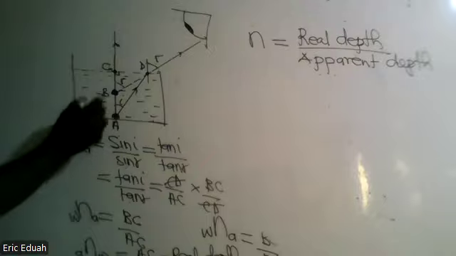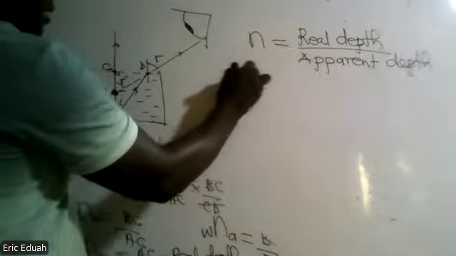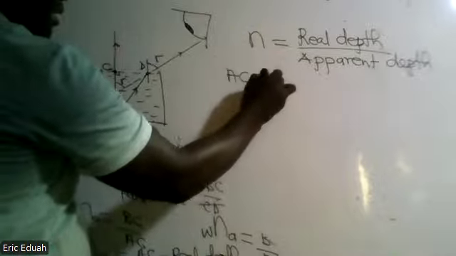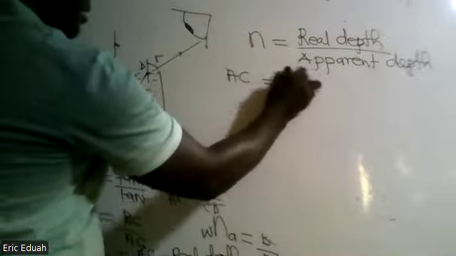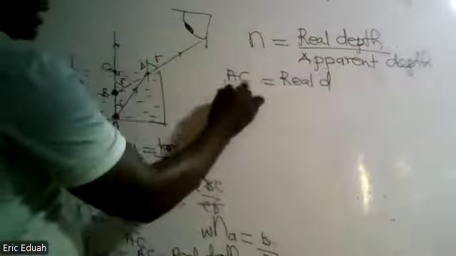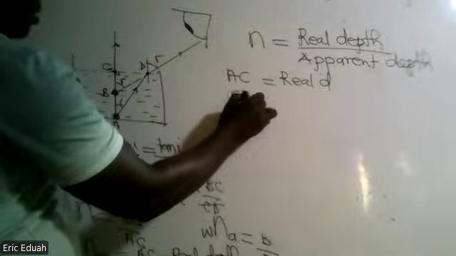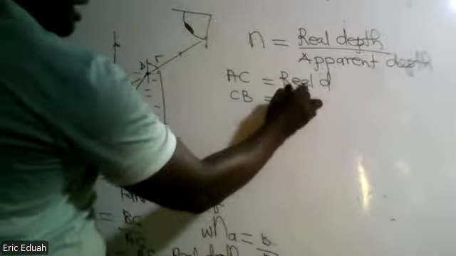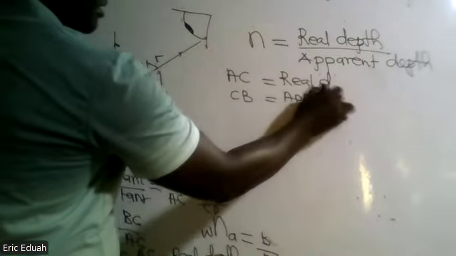Now look at what we have. AC is equal to real depth. CB or BC, apparent depth.